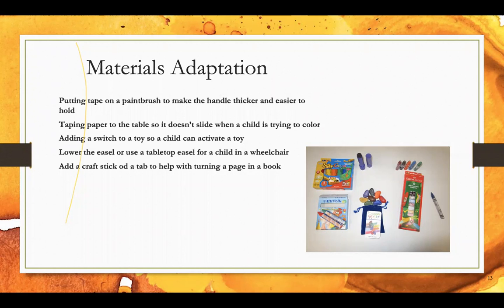Sometimes just gripping a more circular crayon could help me draw. And then we have some short crayons, and some of those crayons are almost like a triangle. So again, you just want to practice and see what works for different children.